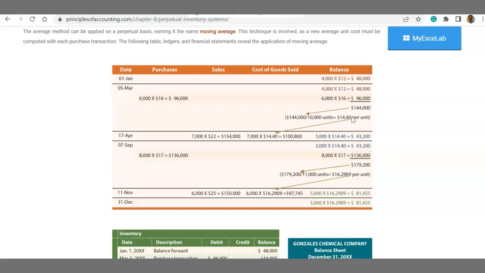Your average cost is $14.4000. You have to go at least four decimals in this situation, okay? Four decimals minimum. And that's your average cost. Now your cost of goods sold on April 17 will be 7,000 units at an average cost of $14.40, and 3,000 units left in inventory at an average cost of $14.40.